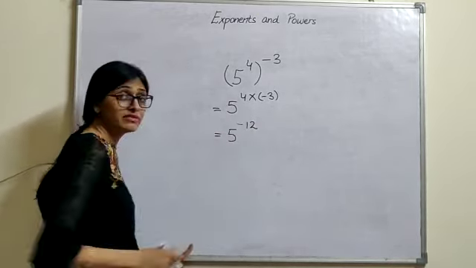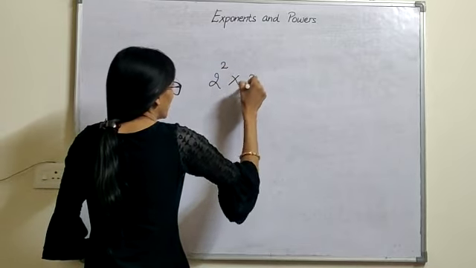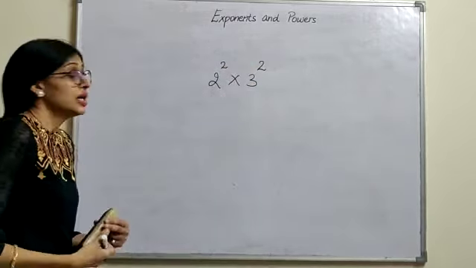Okay. So the next question based on the fourth law. The fourth law states 2 raised to power 2 multiply 3 raised to power 2. Now, you know the powers are same, so bases will multiply.